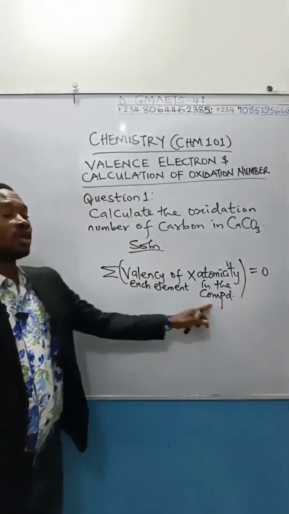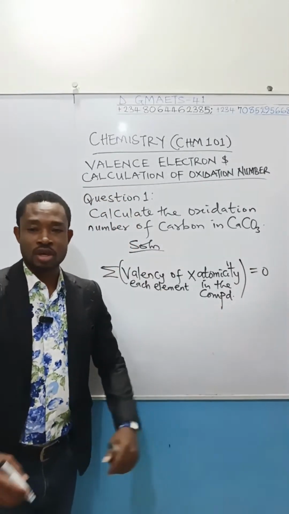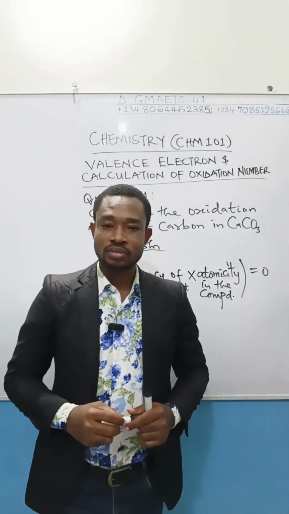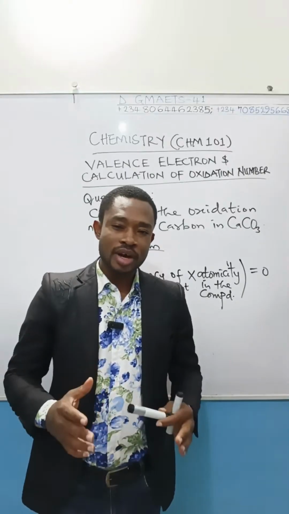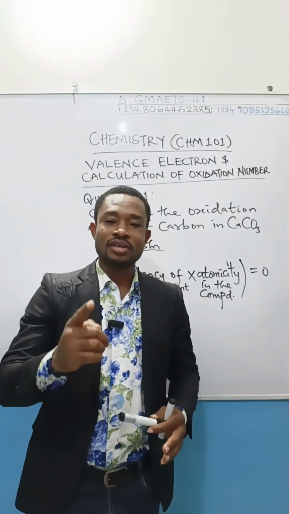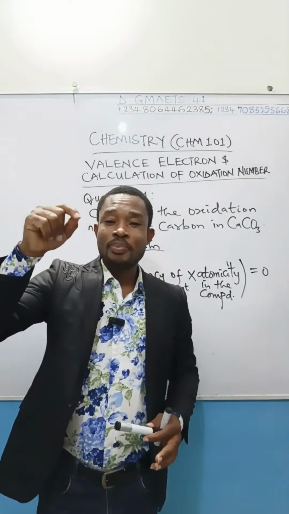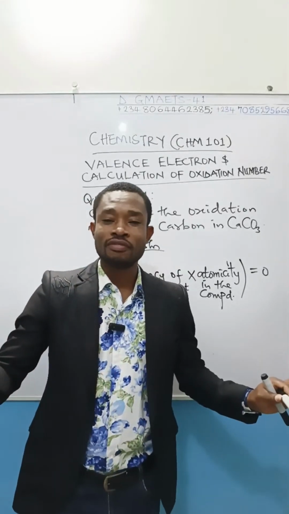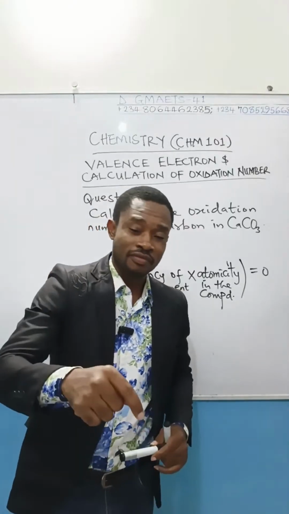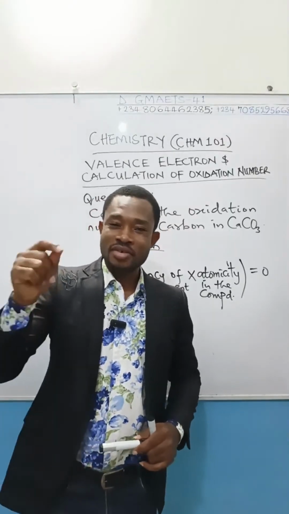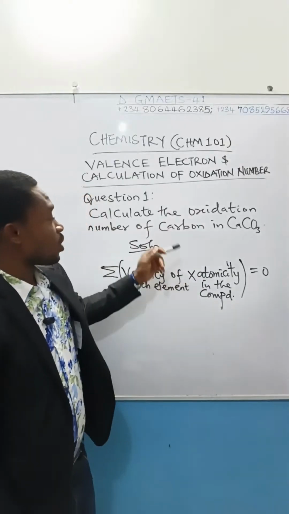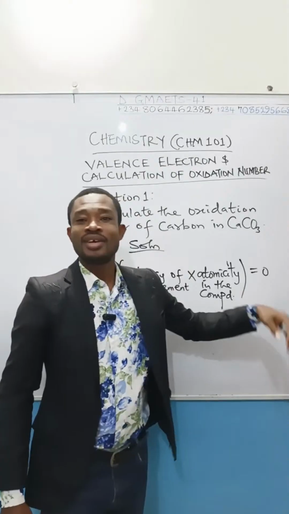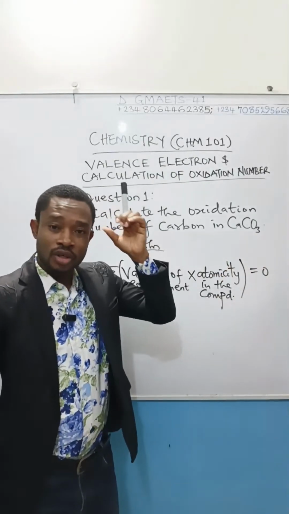Once you apply this formula, you can actually get the oxidation number of any element in a given compound. One thing you want to bear in mind is, if you are asked to find the oxidation number of any element, the valency of that particular element will be taken to be an unknown valency, because that's what you are looking for. Like in this question 1, we are asked to find the oxidation number of carbon in calcium carbonate, CaCO3.